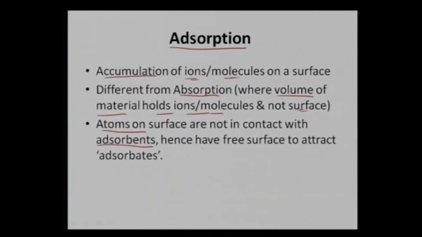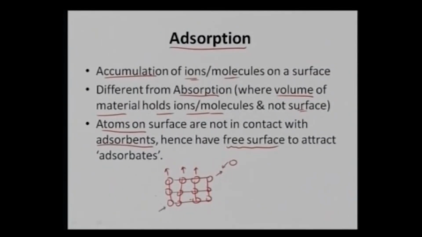So we have a free surface. Looking at the arrangement of atoms, the atoms which are not in the bulk, meaning the atoms on the surface, now have free bonds, and hence they can attract the adsorbents to their sides.